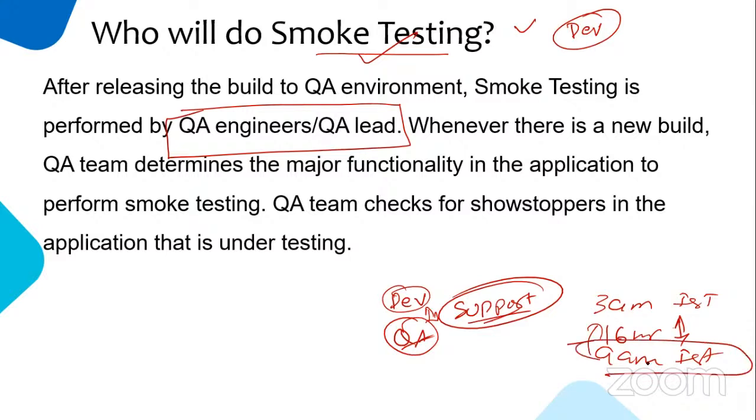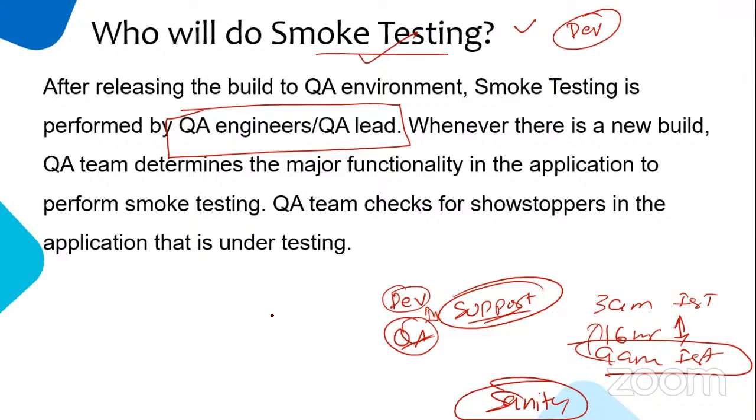When you come in at 9 a.m., you will first go and check, yes, shall we start working? In that mail they clearly mention the build is successful, you can smoke. It means they have completed the smoke testing, start with the sanity or start with your work, something like that. This is the reality. This is how it will work.